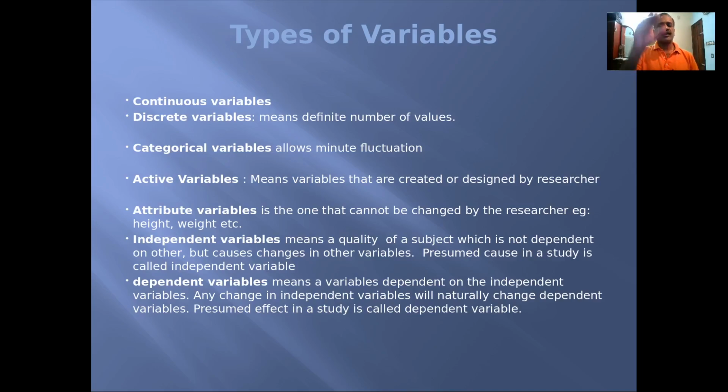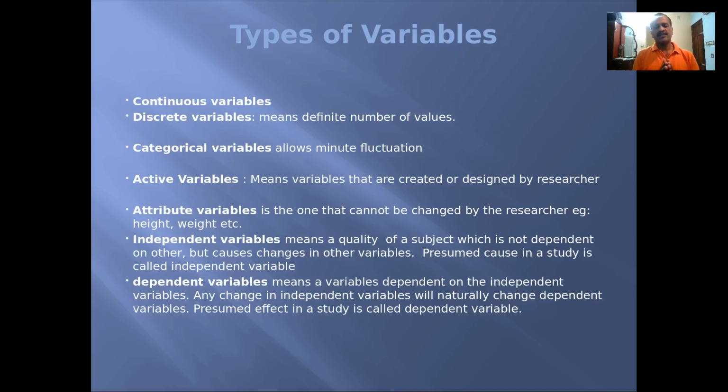Now okay, these are all the variables, but the most important variables in a research study for a researcher are the independent variable and dependent variable. So we always write in the research which is my independent variable, which is our dependent variable. So we have to identify.